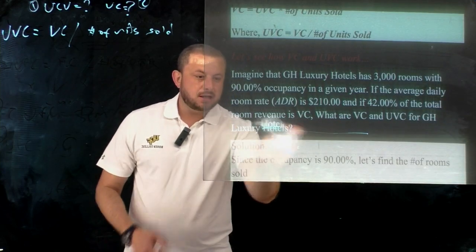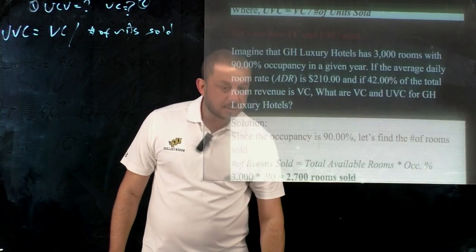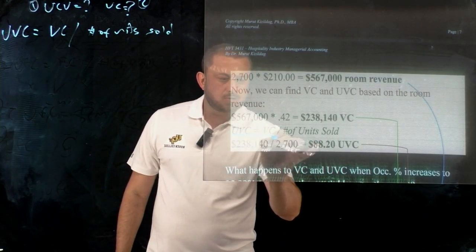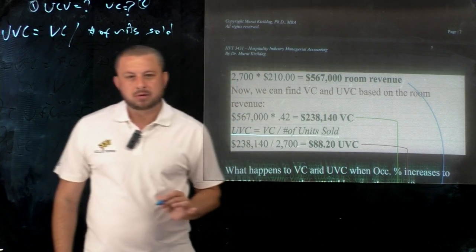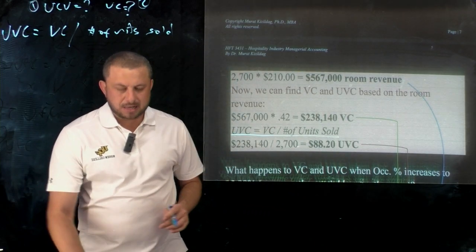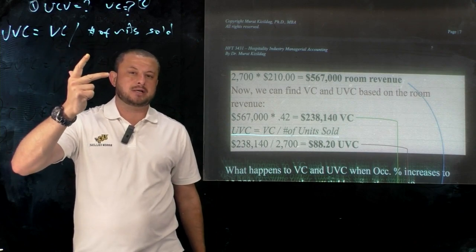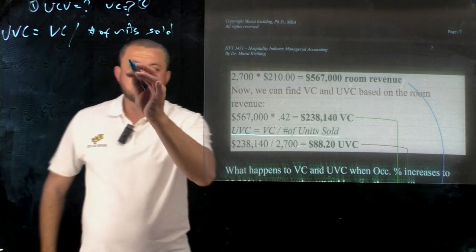So I will show you my solution keys as well. Take a look at this. UVC is equal to VC over number of units sold. I know what I'm doing. I just picked the equation. Now I will have to analyze the equation, guys. Do I have number of units sold given in the question?